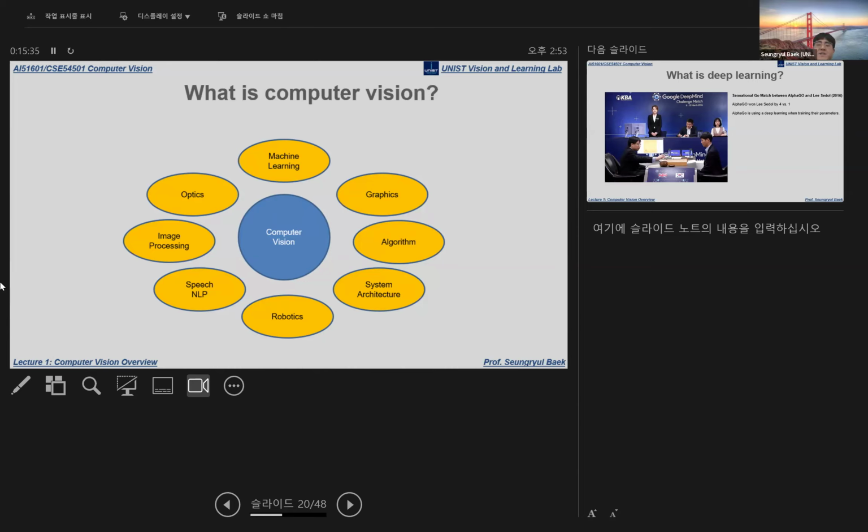By seeing through RGB sensors or other types of sensors, we can know that. That is the computer vision field.